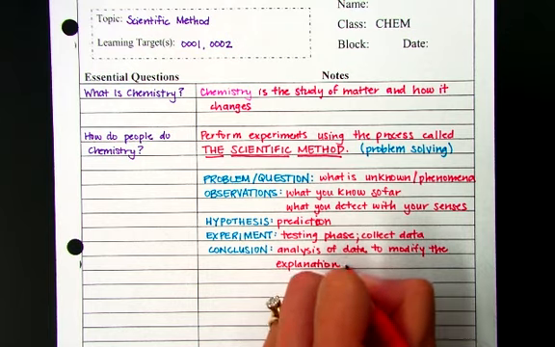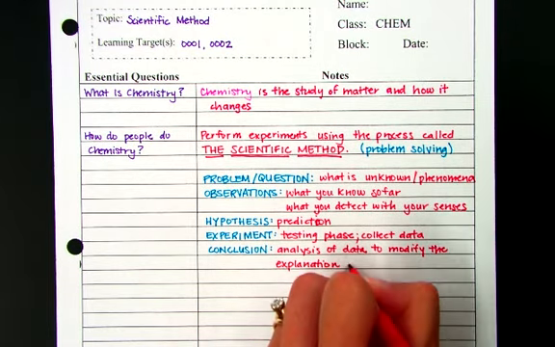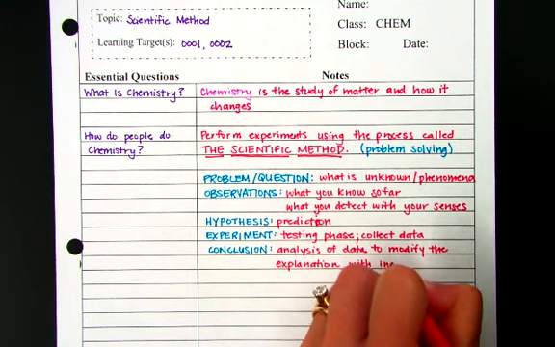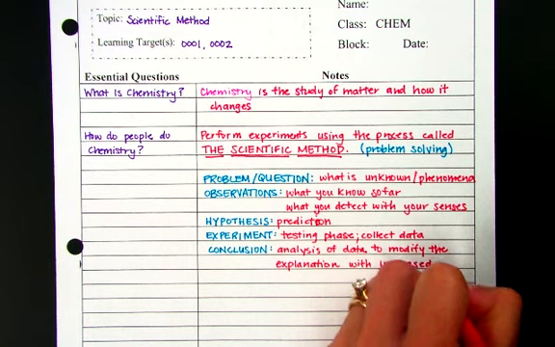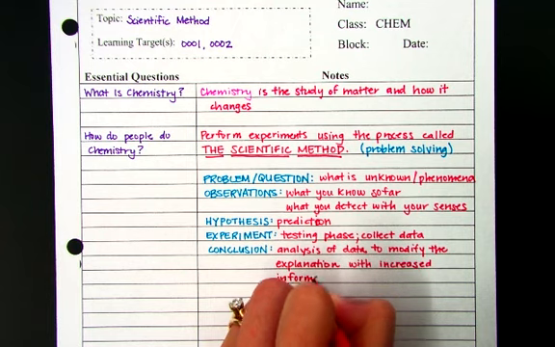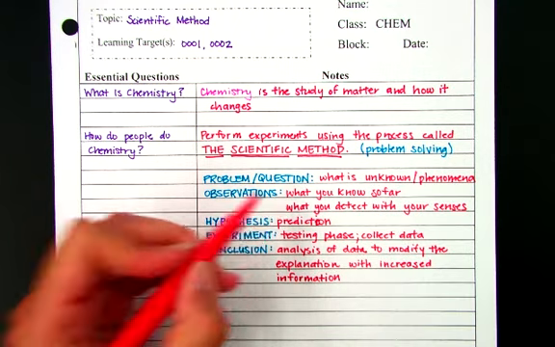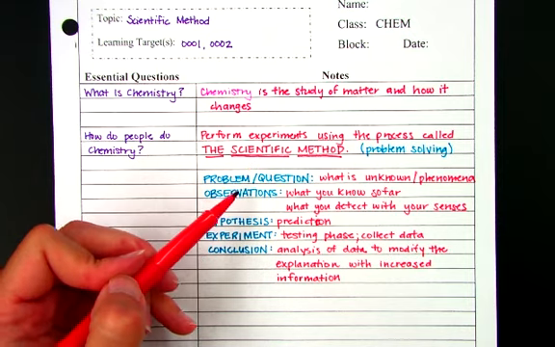Or analysis of data to modify the explanation with increased information. Your conclusion should link the new information that you get from your testing to your observations, to what you know so far, so that you can maybe answer the question.